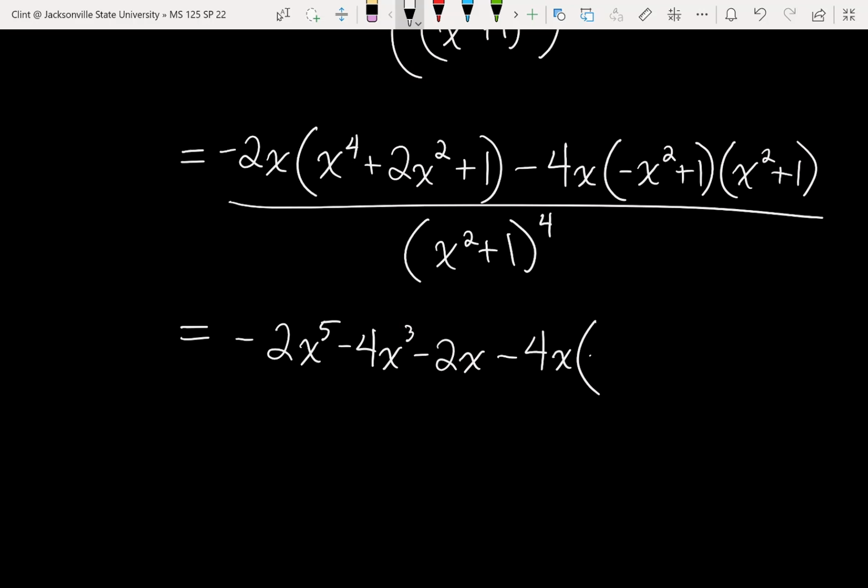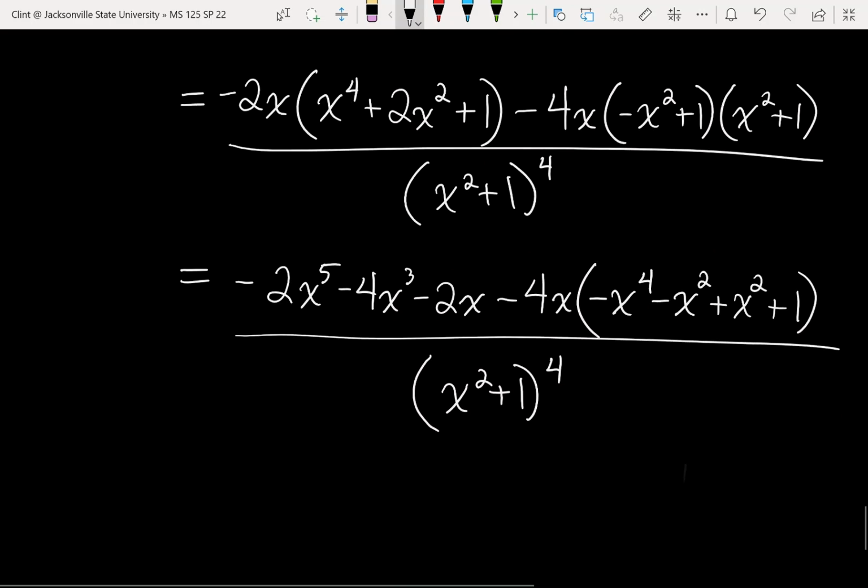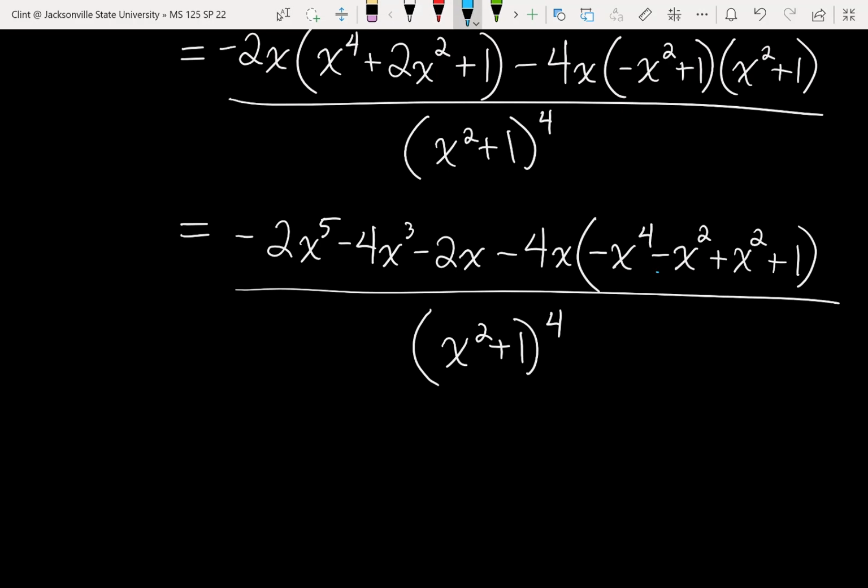Okay, so that's negative x to the 4th minus x squared plus x squared plus 1. These cancel. So let's see, I think we're about ready here.